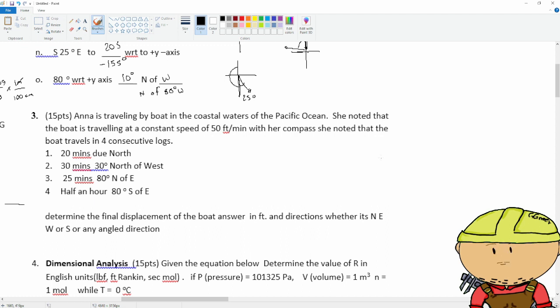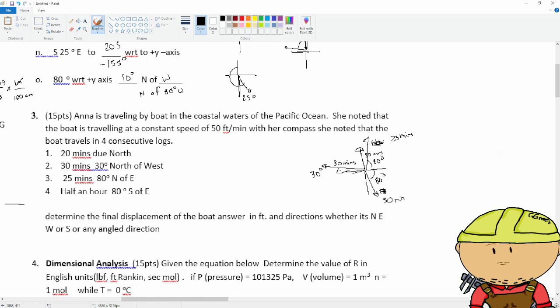She noted that the boat travels 4 consecutive legs: 20 minutes due north, 30 minutes north of west at 30 degrees, 25 minutes 80 degrees north of east, and 30 minutes 80 degrees south of east.